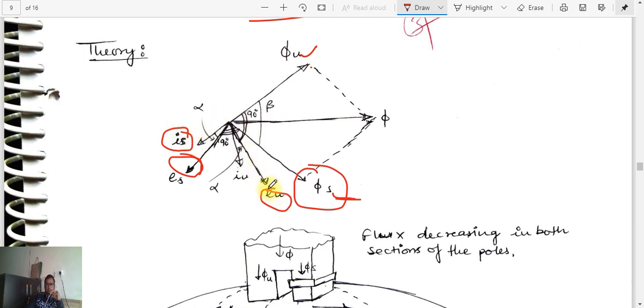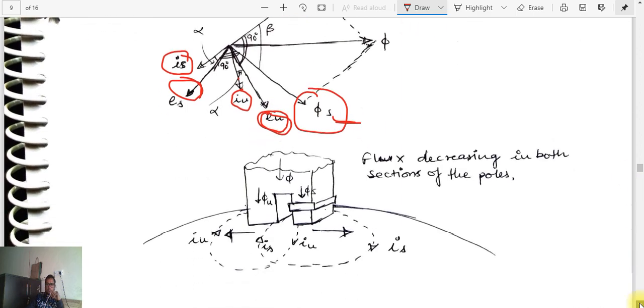For the unshaded ring, the induced EMF and induced eddy current IU is lagging by the angle alpha, and this is phi u.